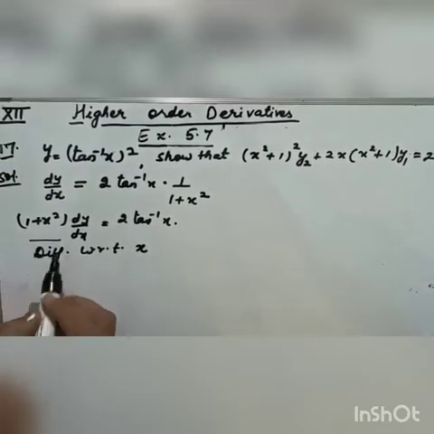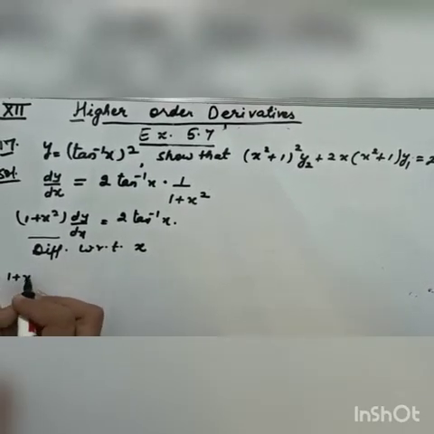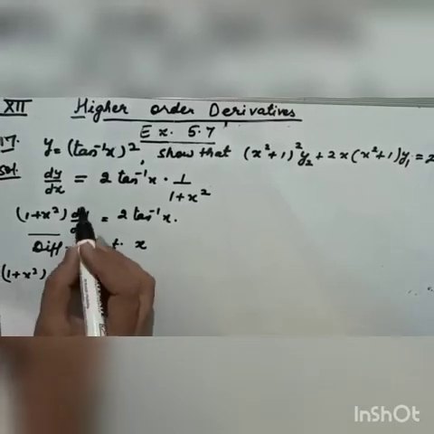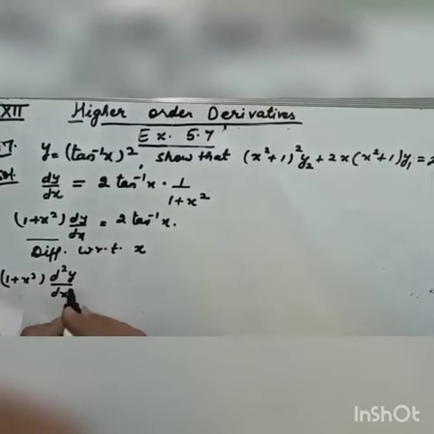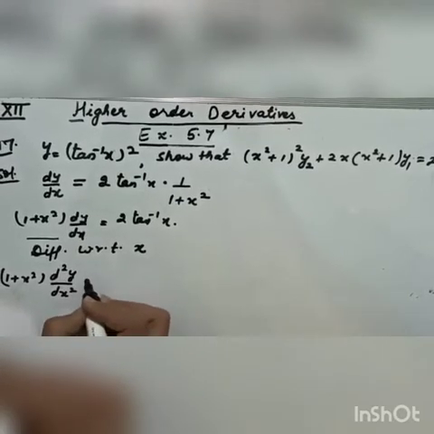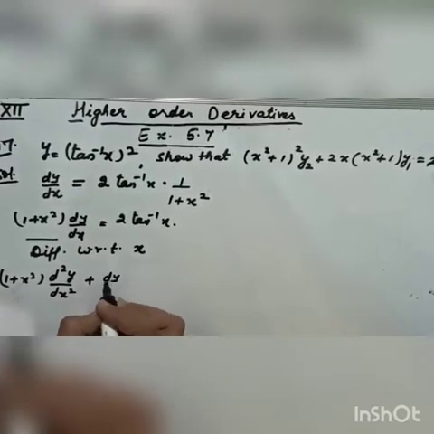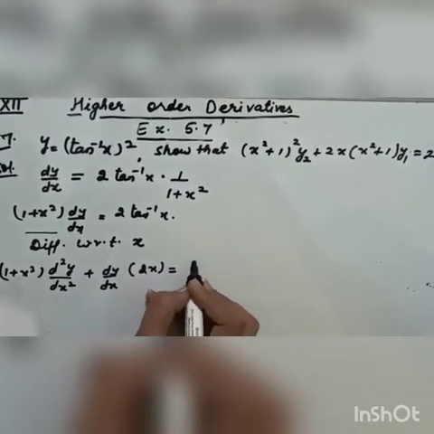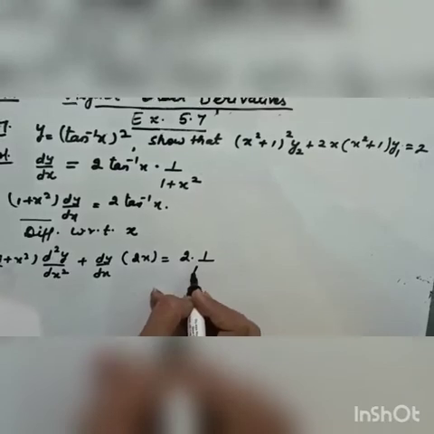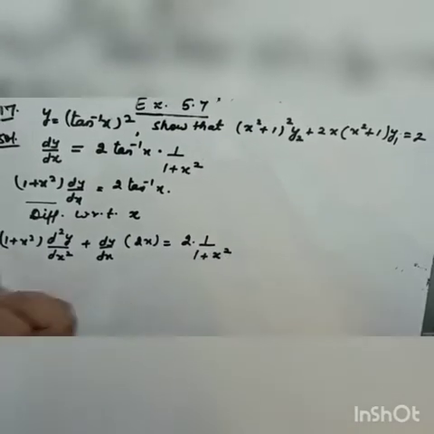On this side there is product rule: 1 plus x square as it is, derivative of dy by dx with respect to x is the second derivative of y, plus dy by dx as it is, derivative of 1 plus x square is 2x, 2 as it is, derivative of tan inverse x is 1 over 1 plus x square.